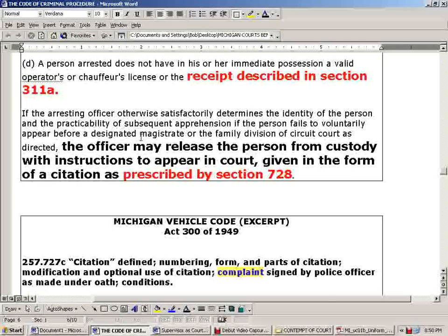Right? That's where you're supposed to appear. The officer may release the person from custody with instructions to appear in court, given in the form of a citation as described in section 728, which is the one we've been looking at.